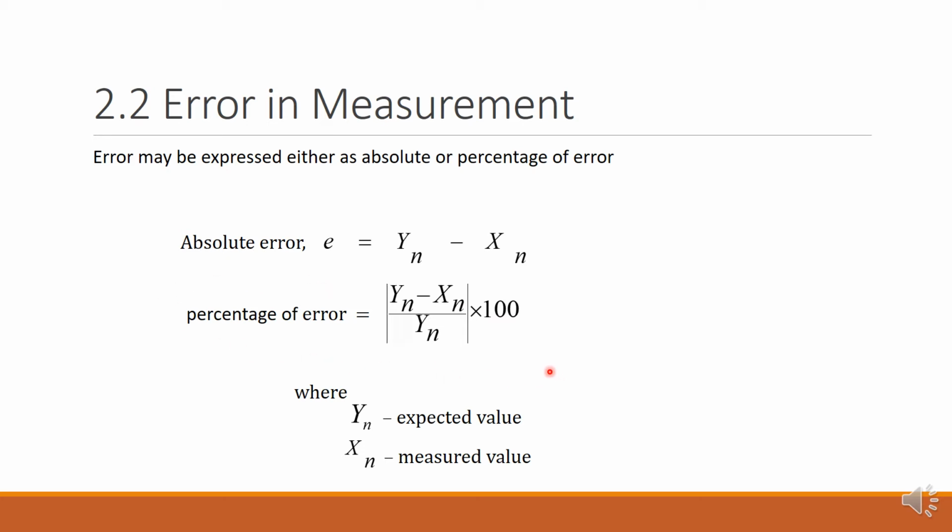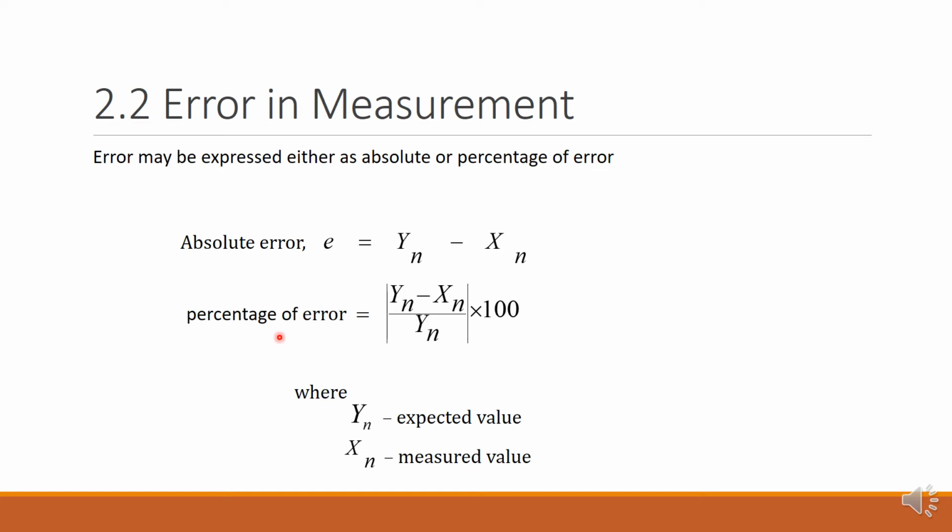So for example, if you have a 5 millimeter expected value and then you measure the length of your object giving 4.5 millimeter, the absolute error of your measurement is 0.5 millimeter.